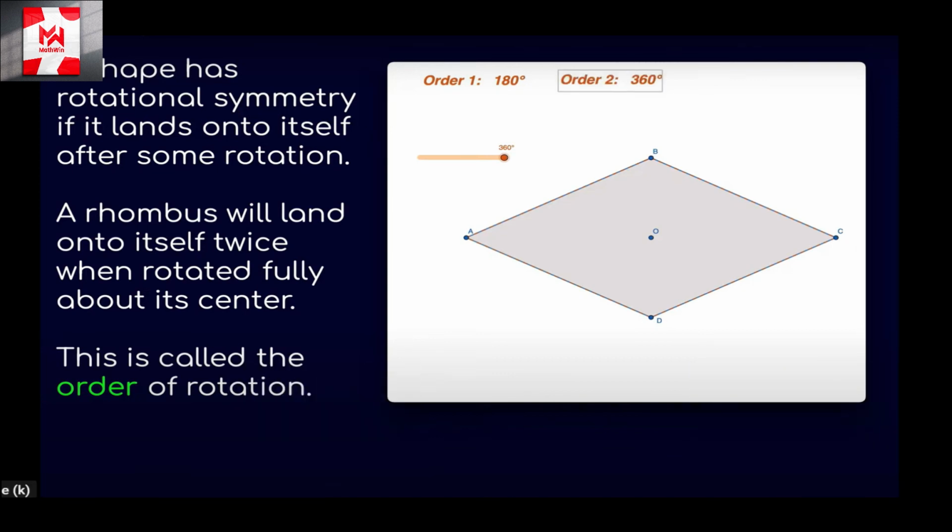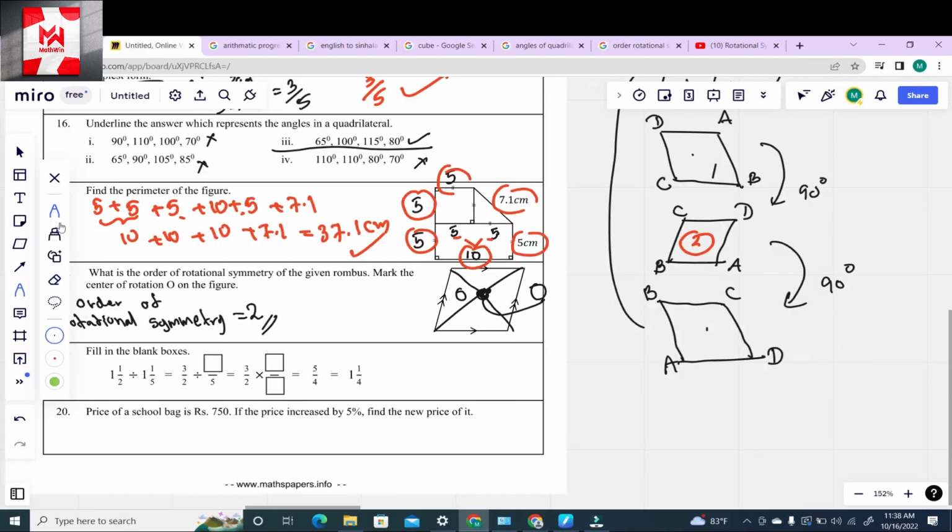Now you can see the first order is 180. Second order you can say it's 360 or 0. Therefore the rotational symmetry order of the rhombus is 2. Okay, there are 2 orders.